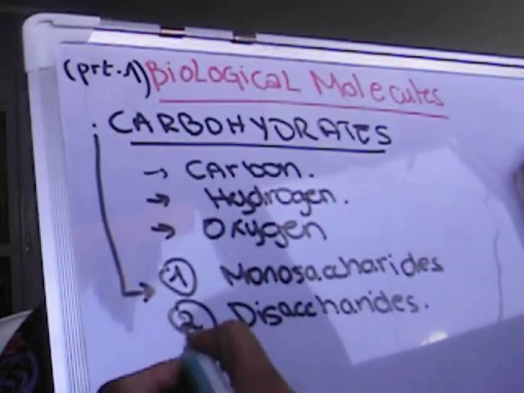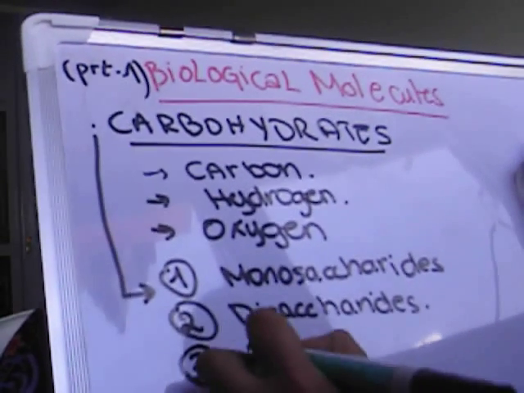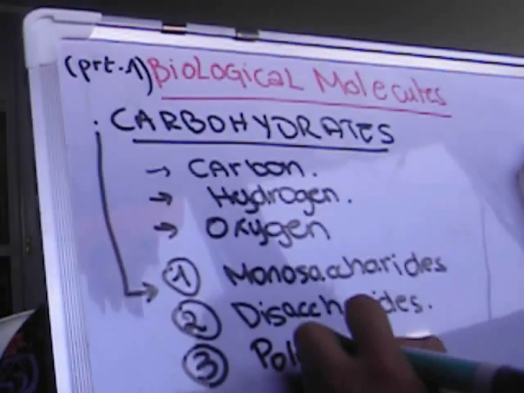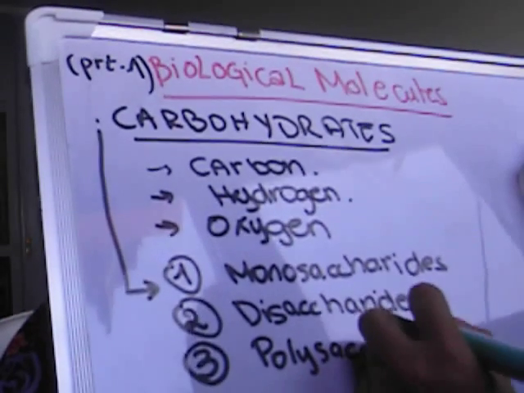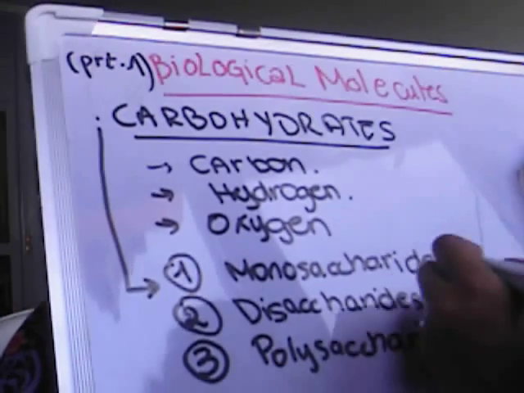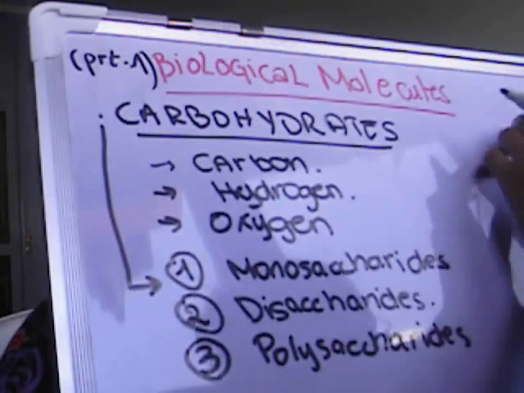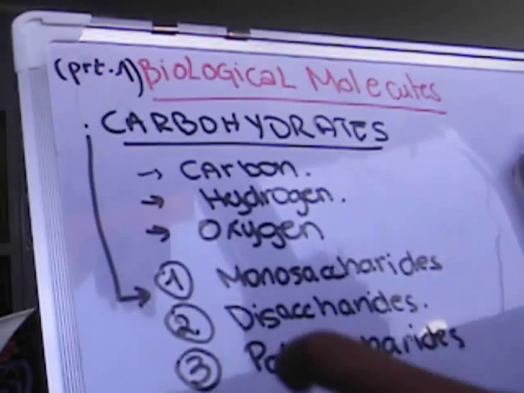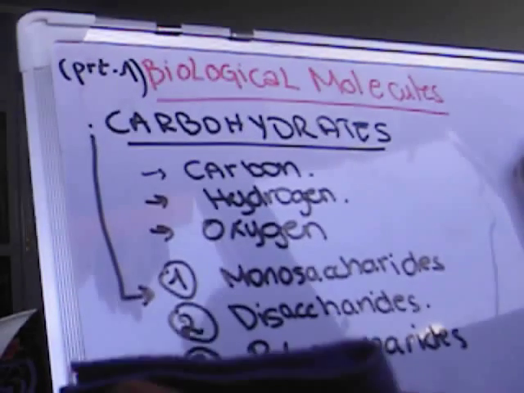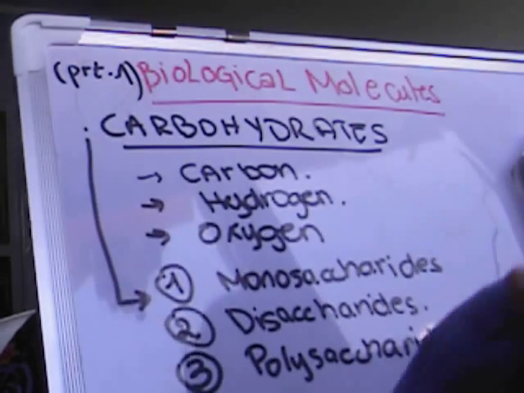The third one, more complex still, is the polysaccharides. One example of a monosaccharide, which all of us know, is glucose; the disaccharide is sucrose; and the polysaccharide is starch.